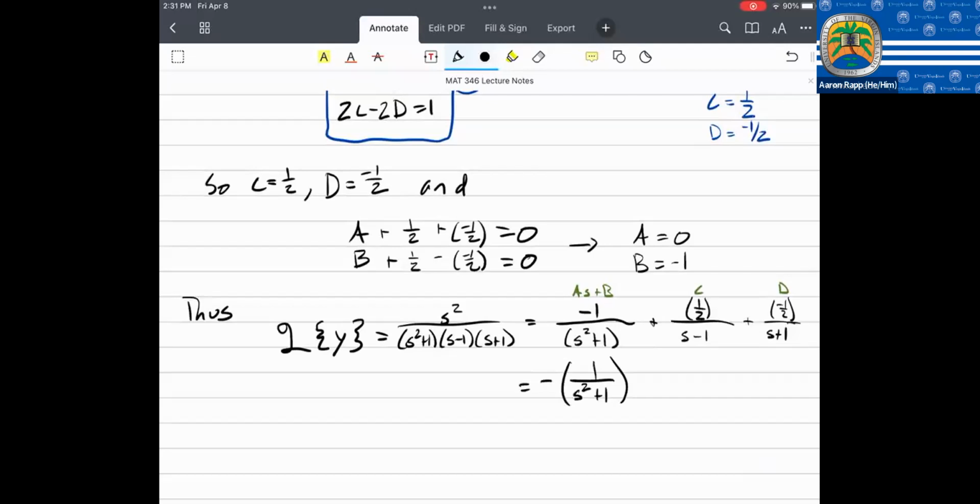And then I look at this, okay, I want something over s minus 1 and s plus 1. Whether it be s minus 1 or s plus 1, those are both the Laplace transform of what function? Yeah, it's the exponential function.